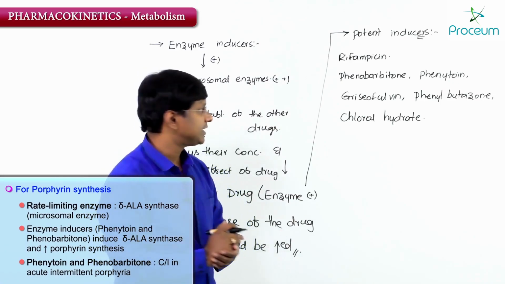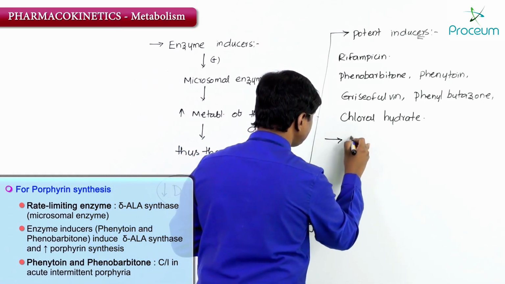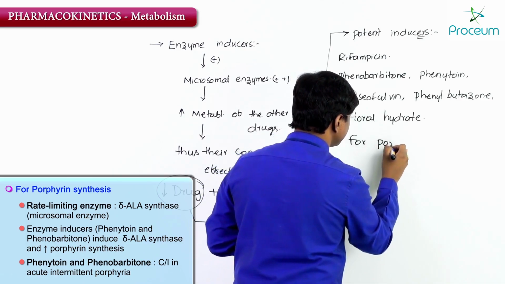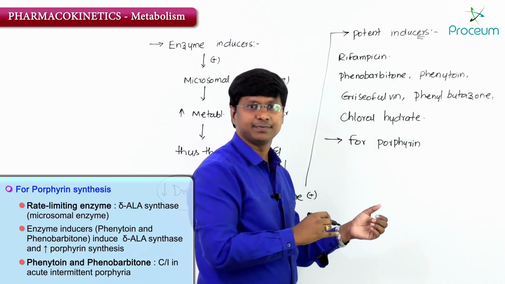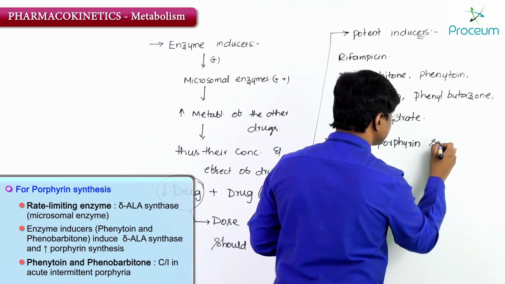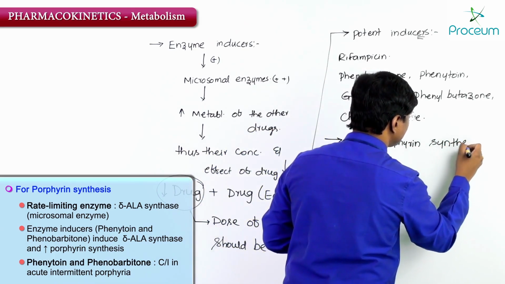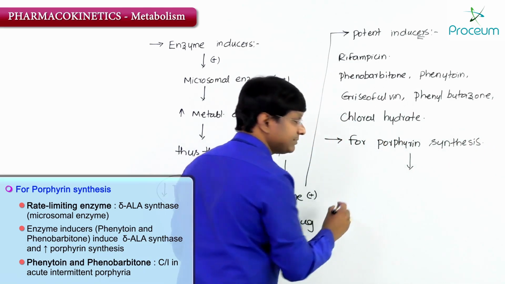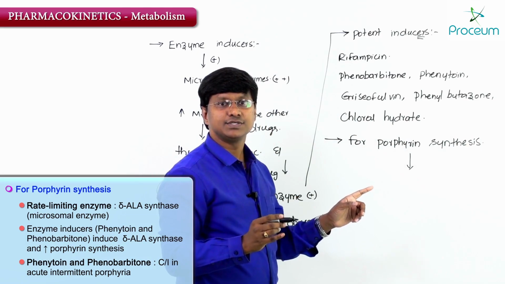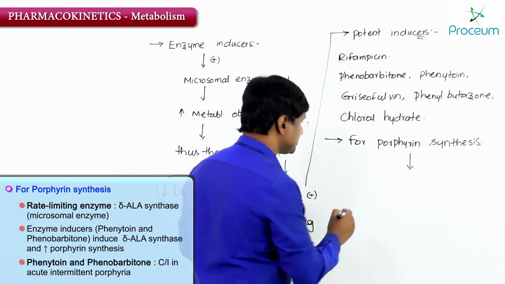So what I want to tell you here is, for porphyrin synthesis, I am trying to tell you one more example. Which is the rate limiting enzyme? The rate limiting enzyme is delta amino levulinic acid synthase.